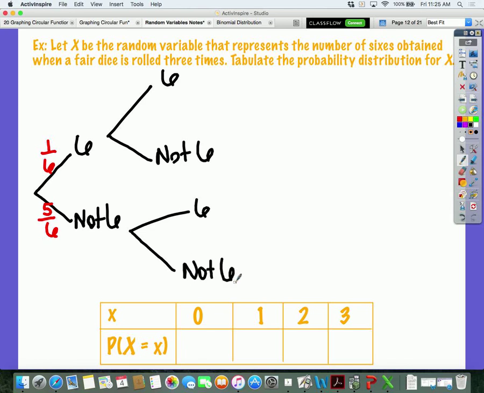And my probabilities are 1/6 and 5/6. No matter what, remember when you're doing a tree diagram, your branches should add up to 1. Now my last roll, no matter what my first 2 rolls were, has no impact on my third roll.